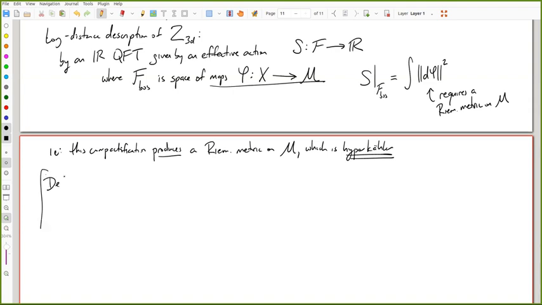So definition: a Riemannian metric is hyperkähler if M, the manifold, admits complex structures.